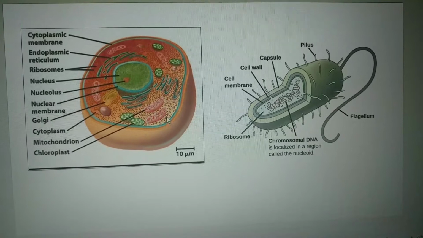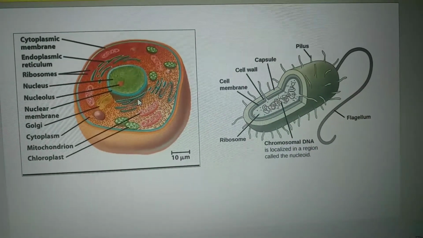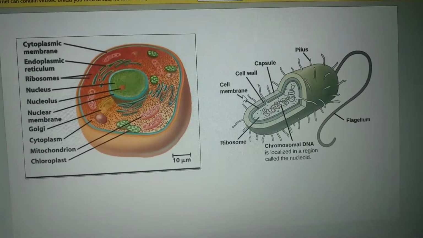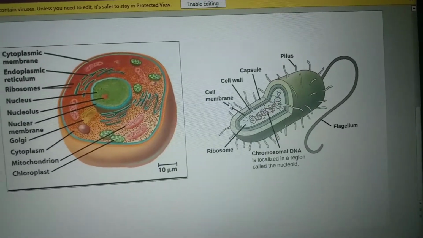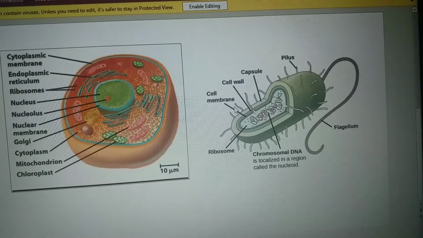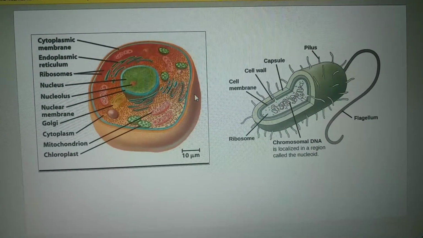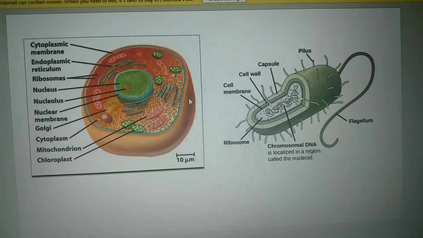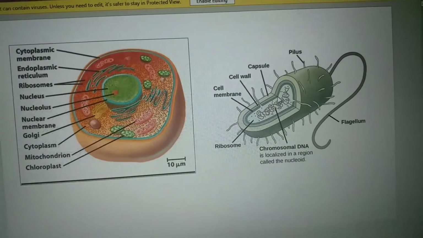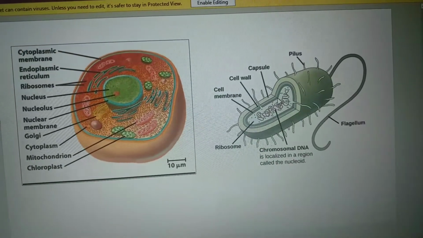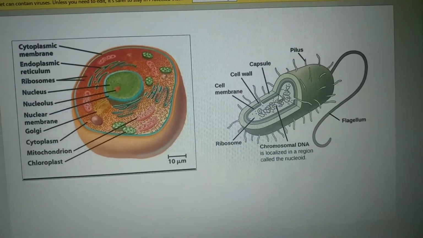The eukaryotic have more than one chromosome, while here in the prokaryotics there's only one chromosome, but that is not a true chromosome. Its cell type is multicellular here in the eukaryotic, and here in the prokaryotic, its cell type is unicellular.